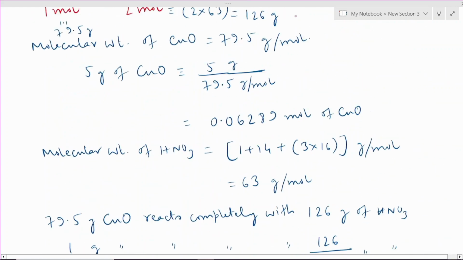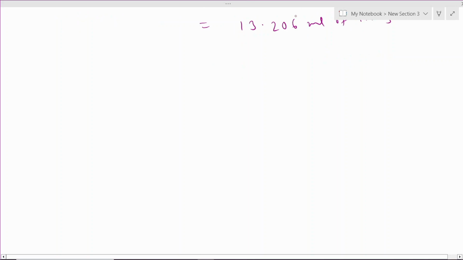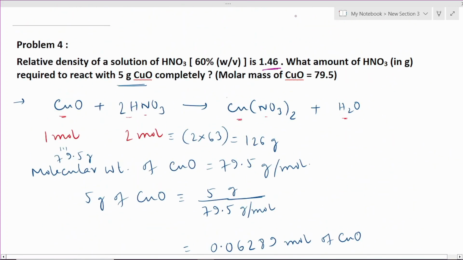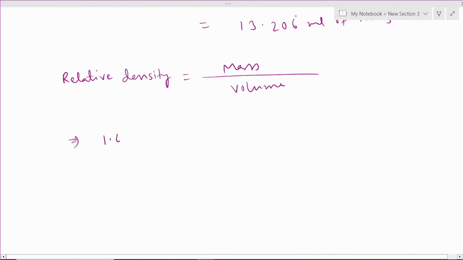Now we have been given the relative density of nitric acid, that is 1.46. Relative density is mass upon volume. So 1.46 is the mass of HNO3 in grams upon volume.